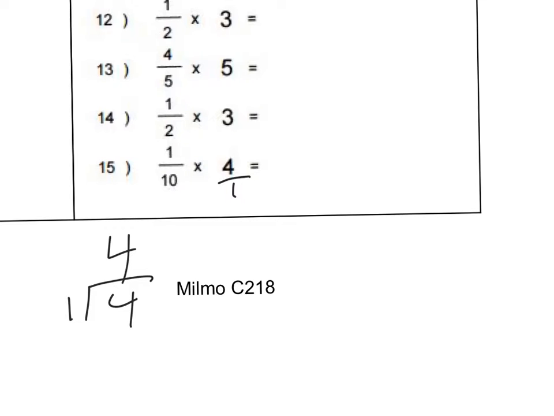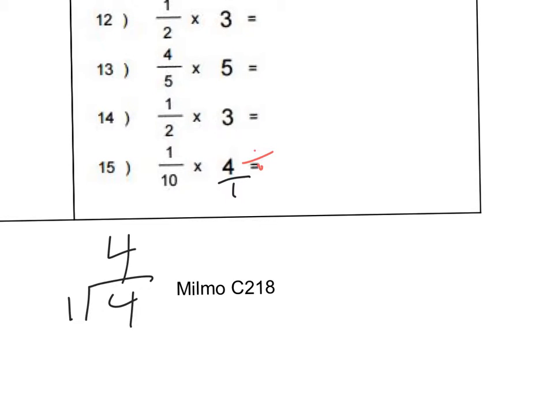Now, what do we do after that? What's the first step of multiplying fractions, guys? Look at step number 3. What does it say? Simplify, right? And remember, we simplify top to bottom only. We cannot go top to top or bottom to bottom. So what can we simplify there? 4, okay?